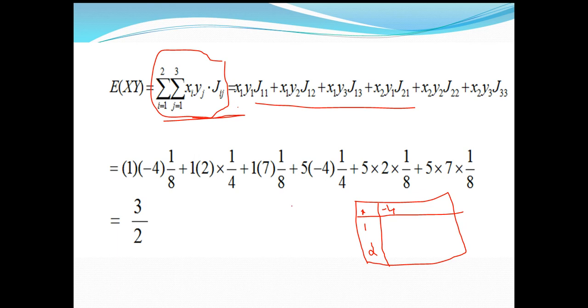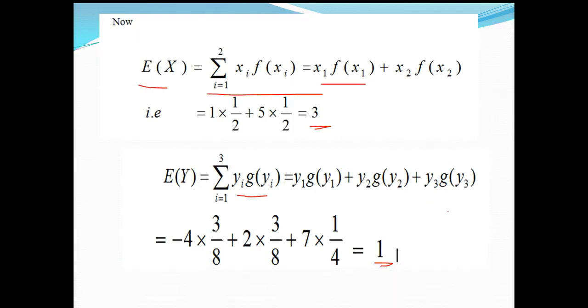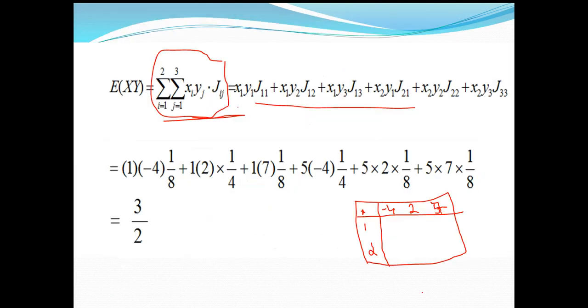Next y value is 2, and the third y value is 7. So the y values are -4, 2 and 7. Let me check here: -4, 2 and 7. These are the y values, and the x values are 1 and 5. Now this is x1, this is y1.